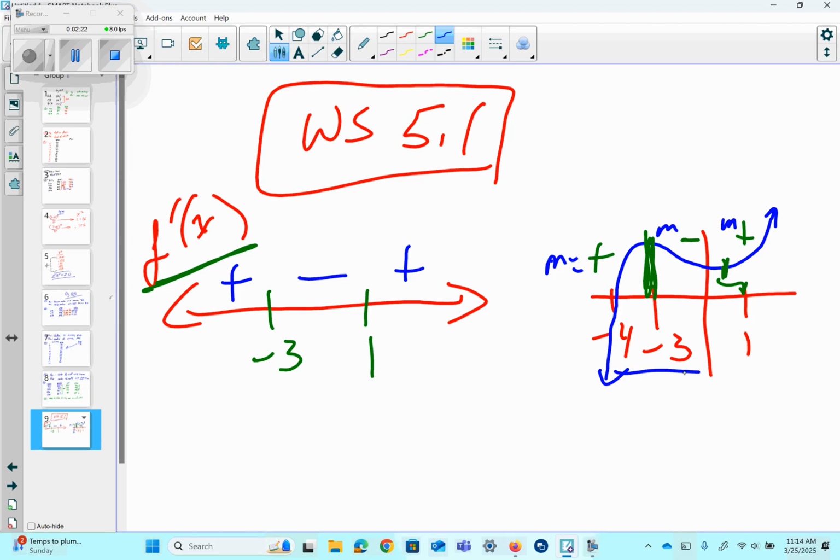So you just list those characteristics on your thing. You don't really have to have the -4 on there. That was extra information. If you put it, it's kind of wrong on the F prime chart because you don't want to show a positive, because if you showed a positive, it means you'd have a point of inflection that would have taken place someplace in there. All right, can I move on? We good?